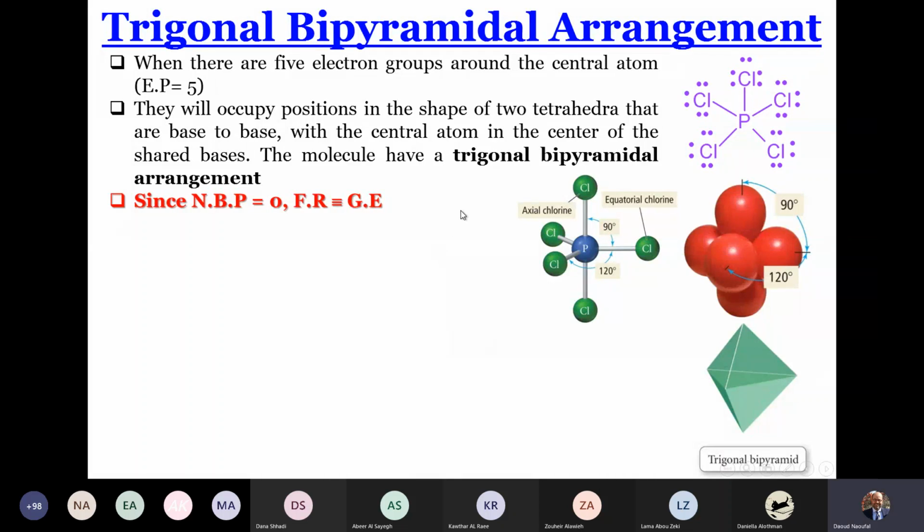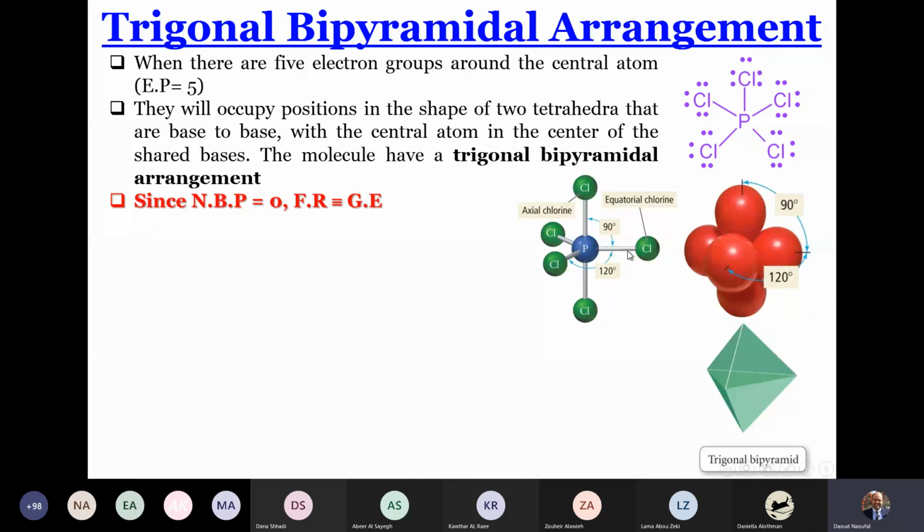And since we don't have NBP, the figure of repulsion is the same as the geometry, and the geometry in this case is bipyramid triangle, or simply trigonal bipyramidal. When we analyze this structure, we observe that we have 2 types of outer atoms.